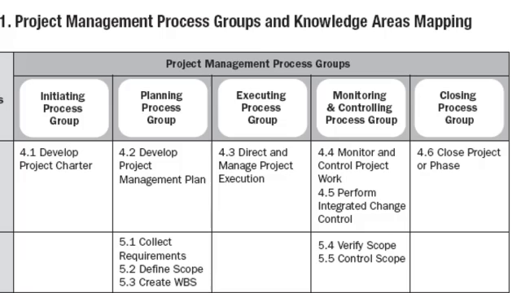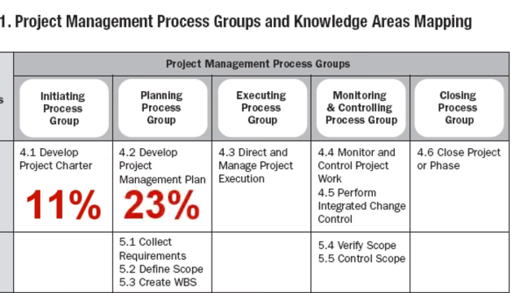On the exam, each process group has different percentage of questions. For example, the initiating process group makes up 11% of the exam, and the planning process group makes up 23% of the exam, and executing process group takes up 27% of the exam.